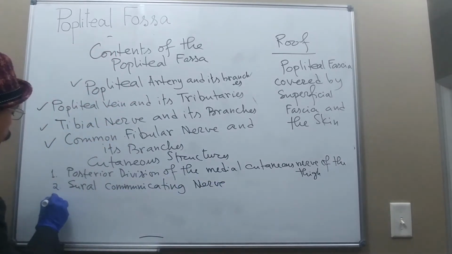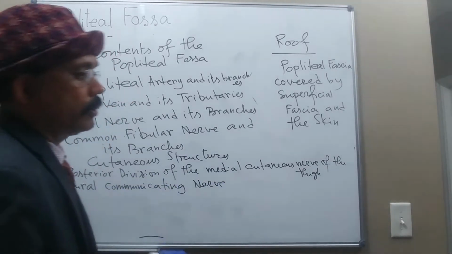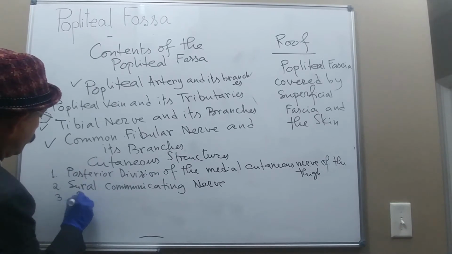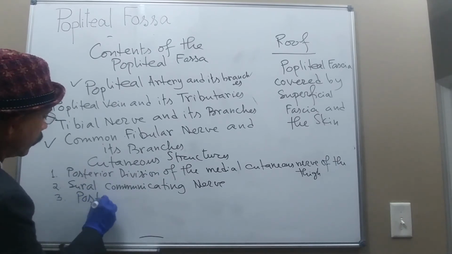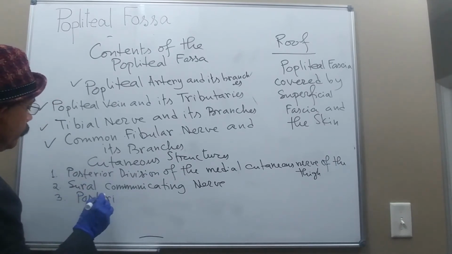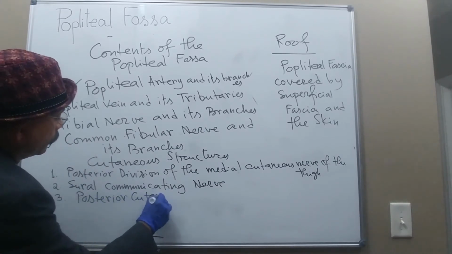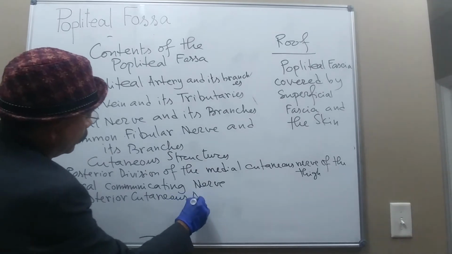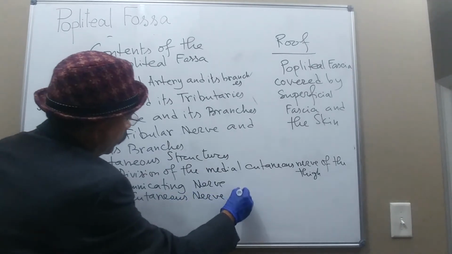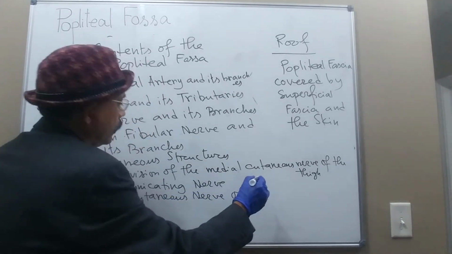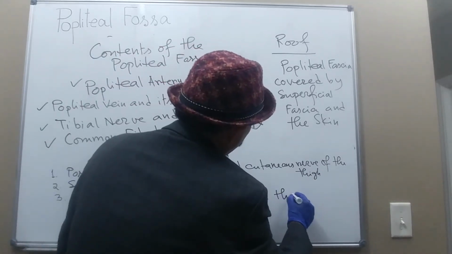We have the posterior cutaneous nerve of the thigh, also called the posterior femoral cutaneous nerve. So these are also content.